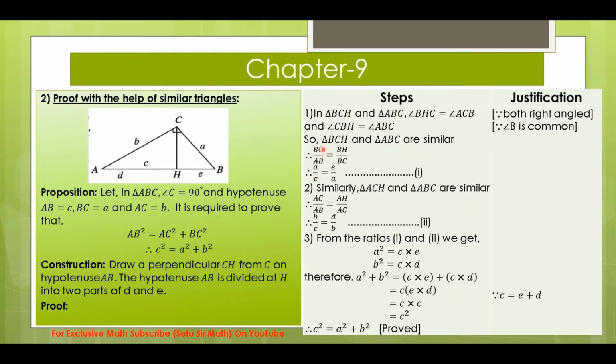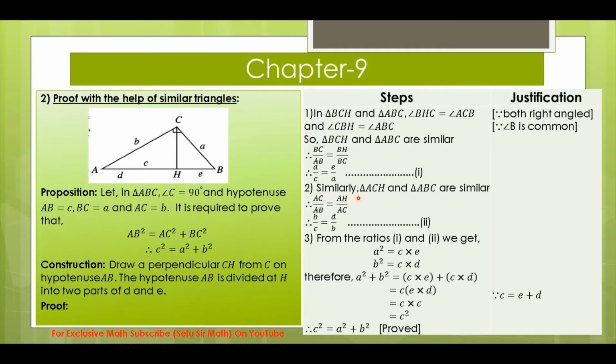Therefore BC divided by AB equals BH divided by BC. So we can write a instead of BC, c instead of AB, e instead of BH, a instead of BC.